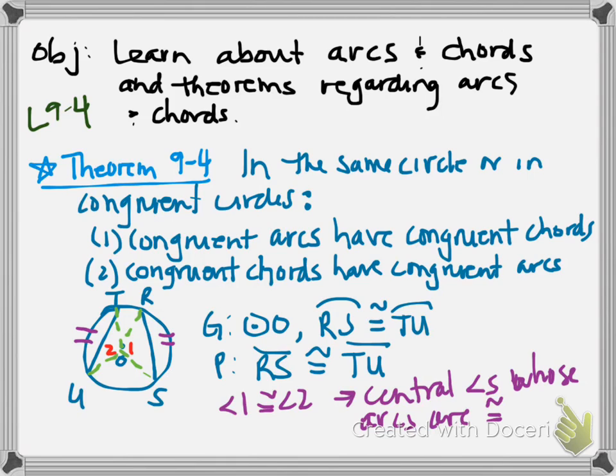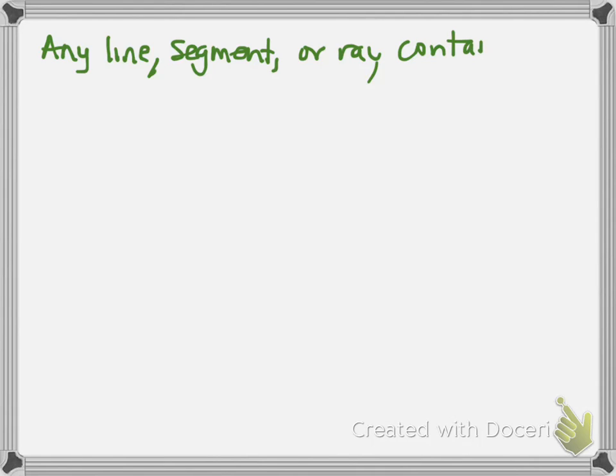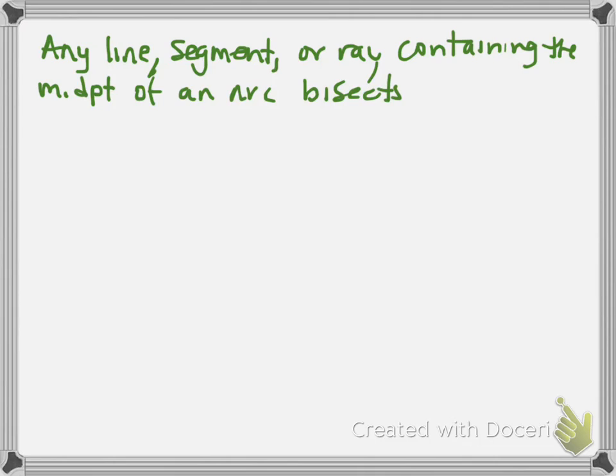All right, okay, so here's a statement that may help us with subsequent problems. Any line, segment, or ray containing the midpoint of an arc bisects the chord and its arc.